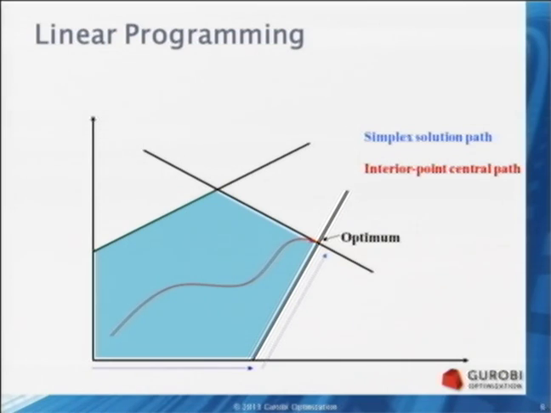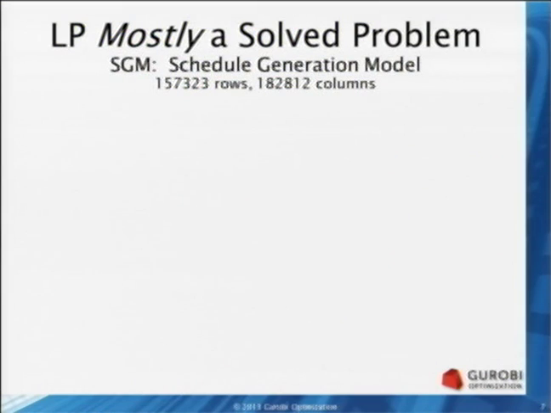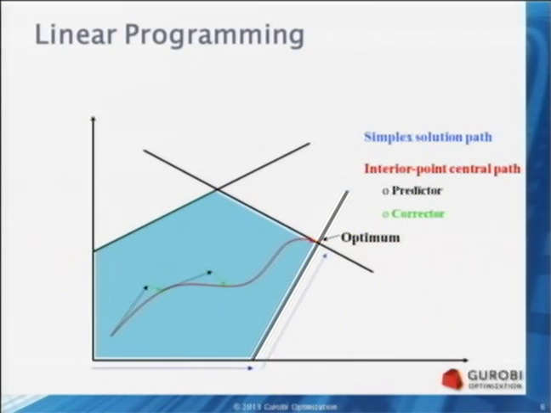You can't follow it directly, so you linearize, basically using Newton's method. You compute a step direction, do a predictor step, do a corrector step, and repeat. The interior point method will eventually reach a point near the middle of the optimal face of the polytope of the LP.